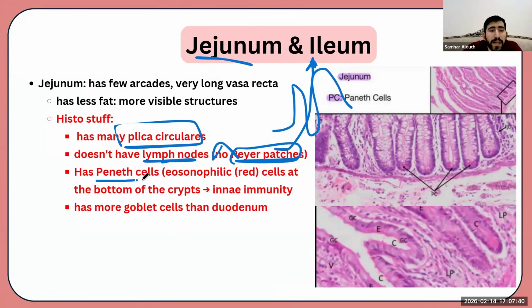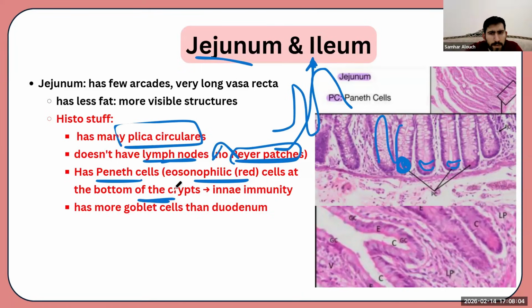It has something called Paneth cells. Just imagine "Paneth" as meaning it's down. So here we have the whole thing, and here we have the crypt, and here we have the Paneth cells. Paneth cells are eosinophilic, red cells, and they are found at the bottom of the crypts.